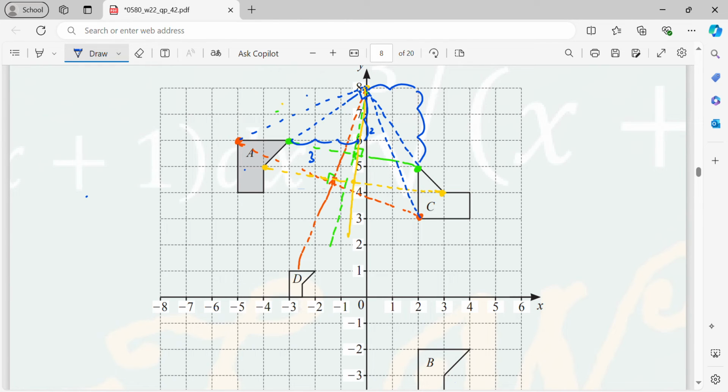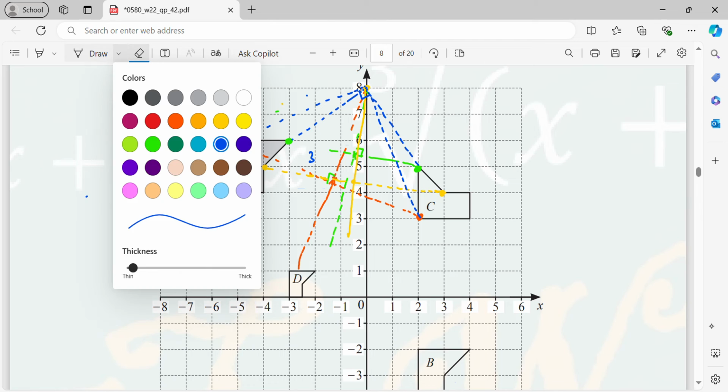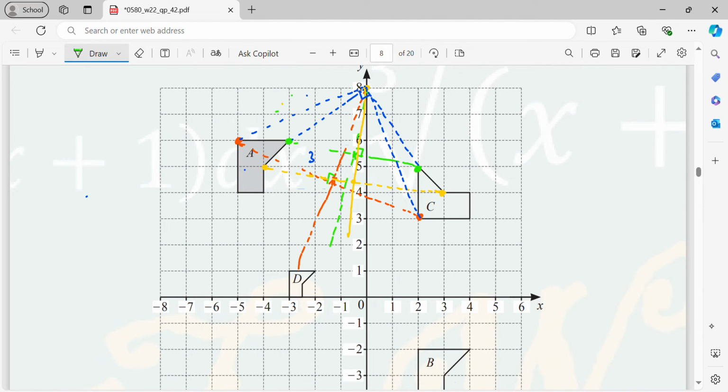That means this is 90 degrees. So this is how we decide how many degrees. From A to C, it is this direction, so therefore this is anti-clockwise. It is 90 degrees but anti-clockwise.